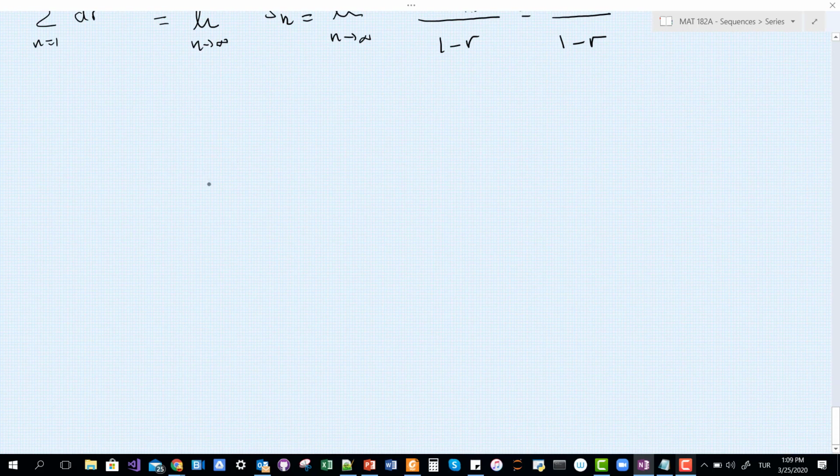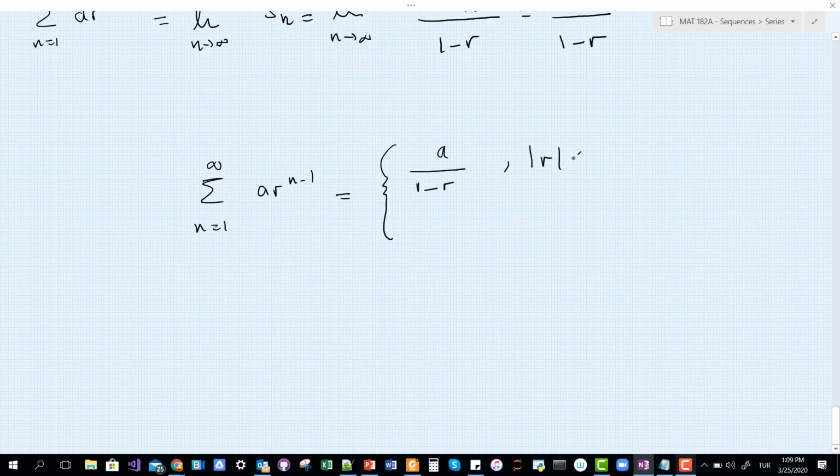Look at that. I can summarize it this way. The sum from n equals 1 to infinity of A times R to the n minus 1 is going to be equal to this number, A over 1 minus R, when R is less than 1.